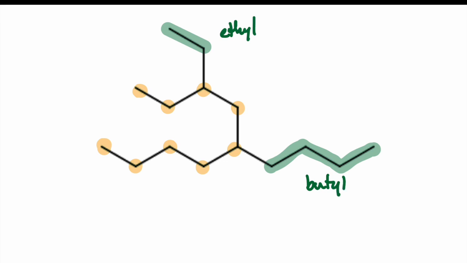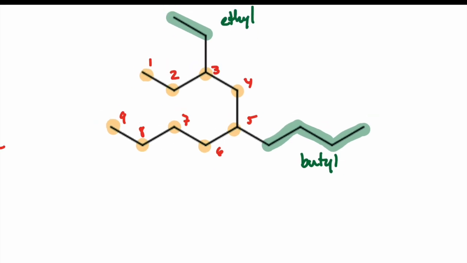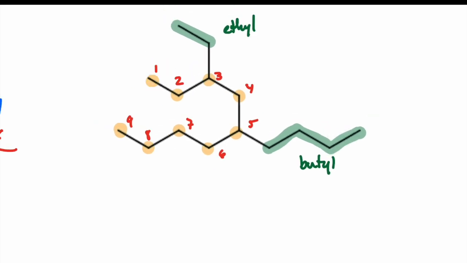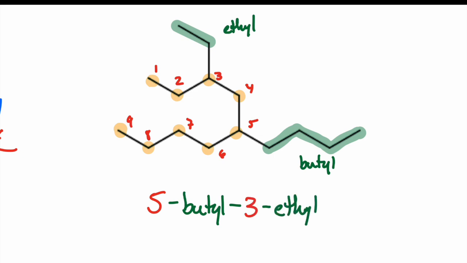All right, and we're going to number our parent chain in this direction here so that we have the lowest possible number in the name. When we assemble, we're going to put these in alphabetical order. So this is 5-butyl, 3-ethyl, and that parent chain, my nonane.